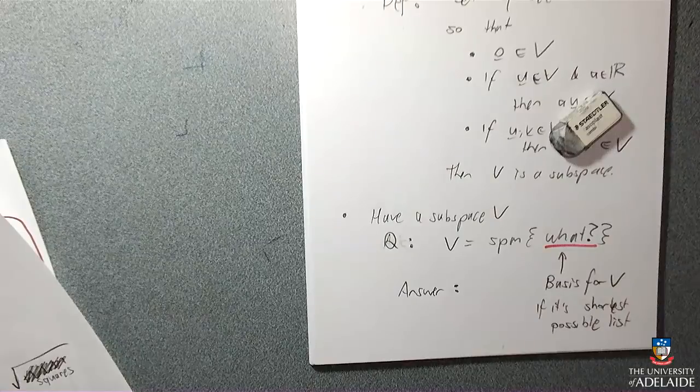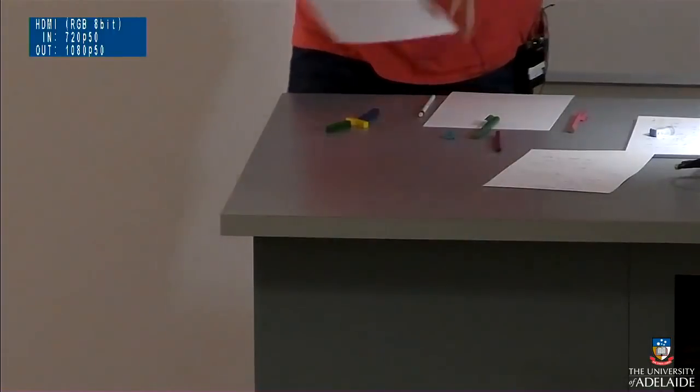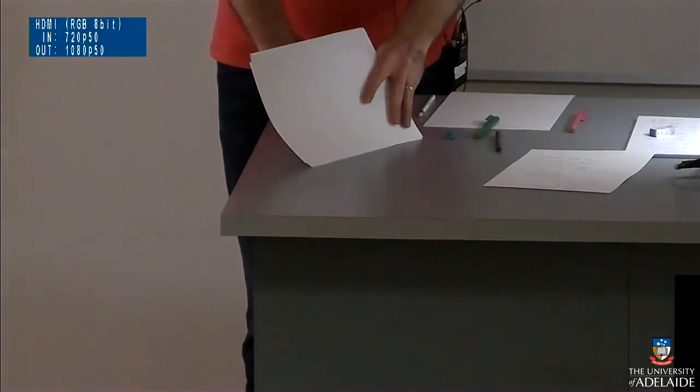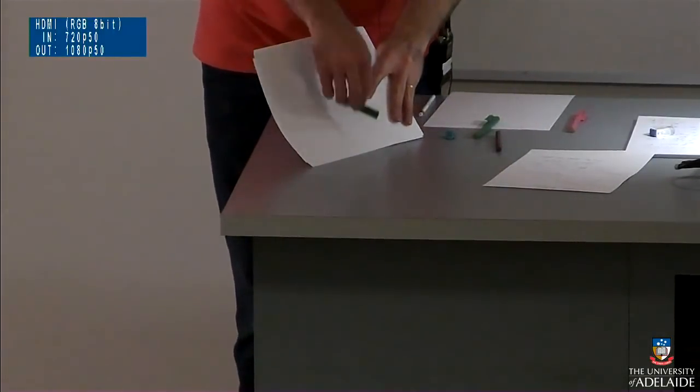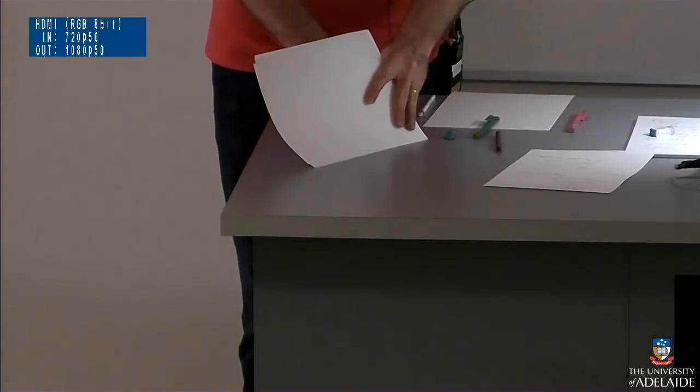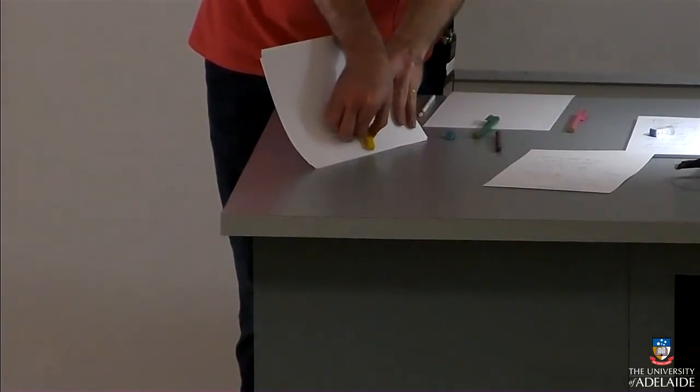The idea is that in space I might draw a plane and ask myself, what vectors span this plane? Here's a plane, and there's the origin there. I could choose this vector and this vector.